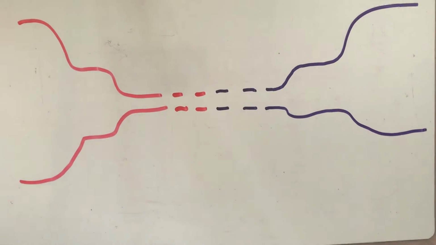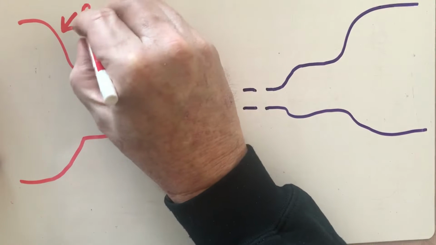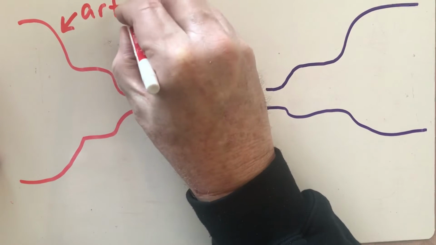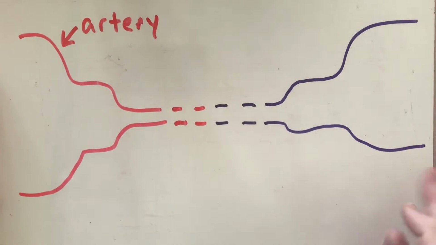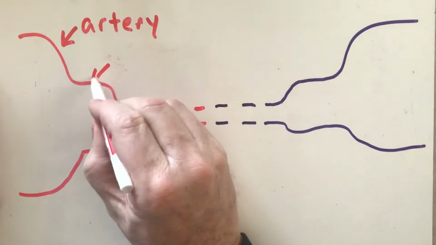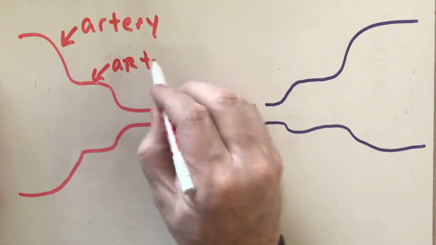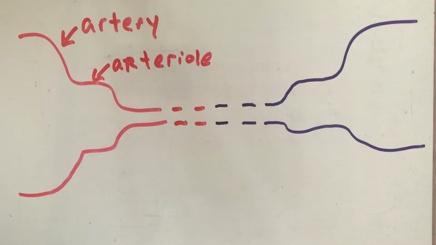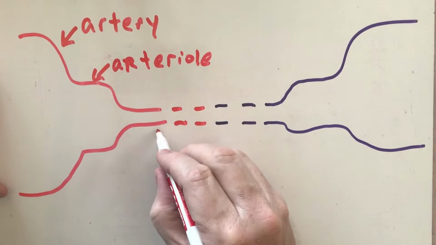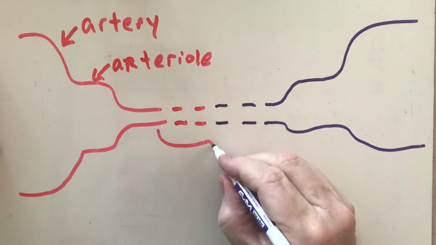Okay, so over here, this would be an artery. And if you recall, an artery carries blood away from the heart. Then the artery becomes a little smaller and becomes an arteriole. And then all down in here, we have our capillaries.